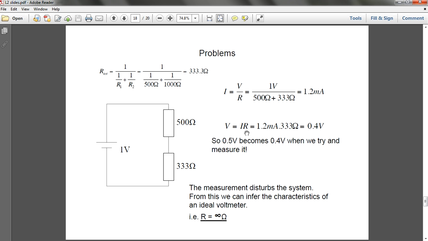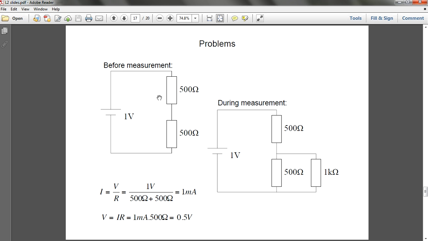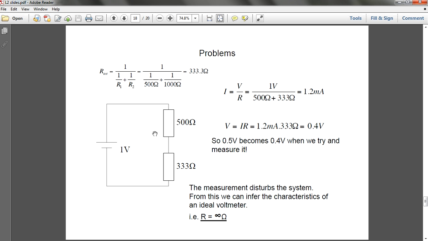Now we'll talk about how the voltmeter has to have a resistance of infinity ohm. Why? Because let's say before measurement you have 500 ohm and 500 ohm over here. If you want to connect a voltmeter, you have to connect in parallel with the resistors. If you connect in that manner, what you measure is actually 333 ohm.